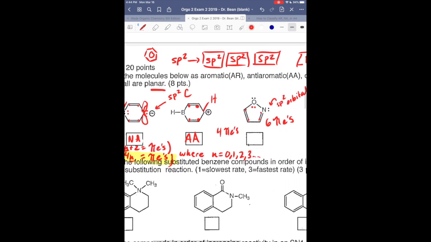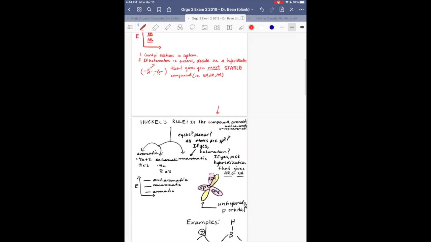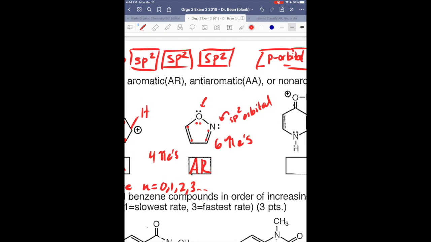We follow 4n plus 2, so the molecule should be classified as what? Aromatic, okay? This oxygen is going to take the sp2 hybridization, which will allow it to be aromatic and fulfill these questions over here. Then we get aromatic, and that is perfect for us, so we can put aromatic in the box, okay?